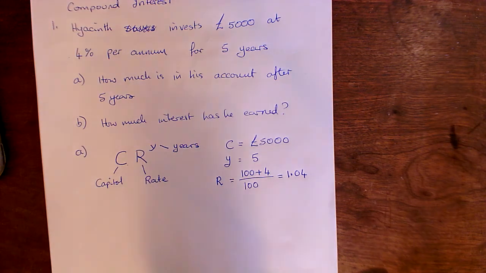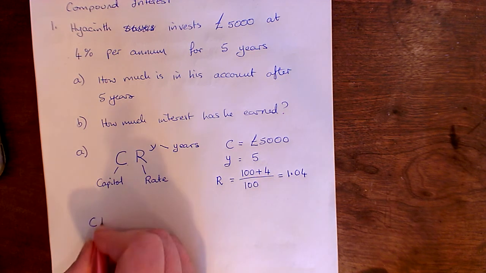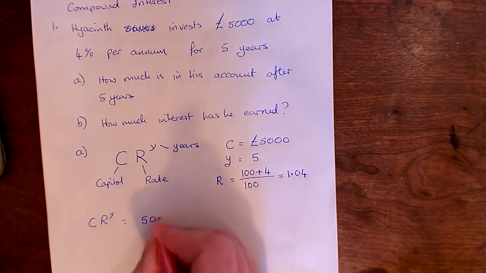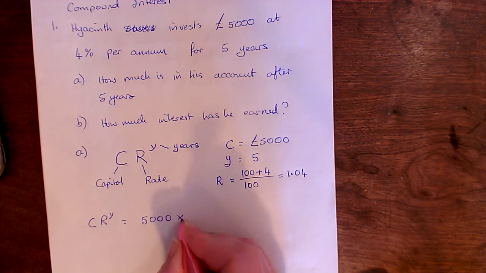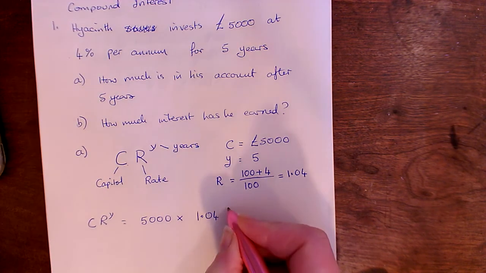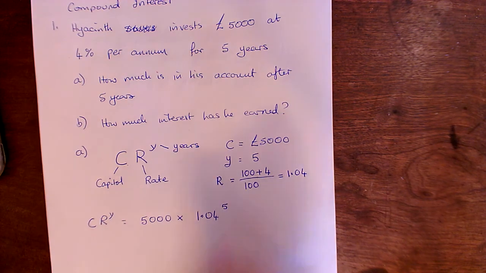So that then makes it a really nice simple calculation. So Hyacinth's investment, he's got 5,000 multiplied by 1.04 to the power of the number of years, which is 5.